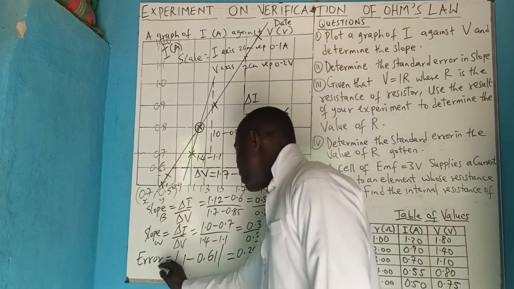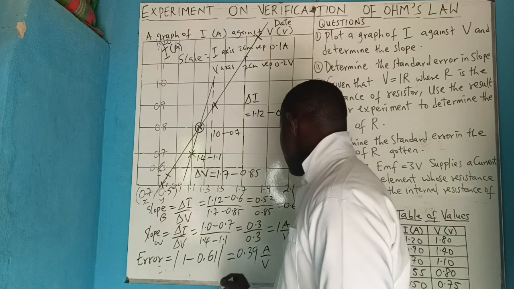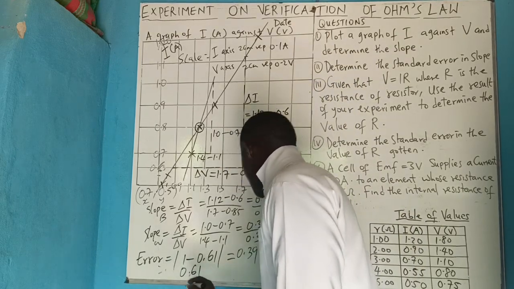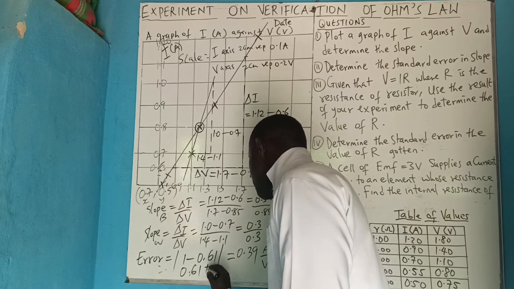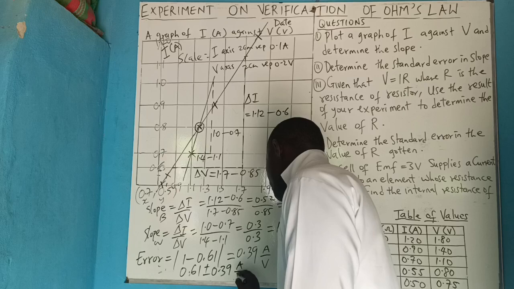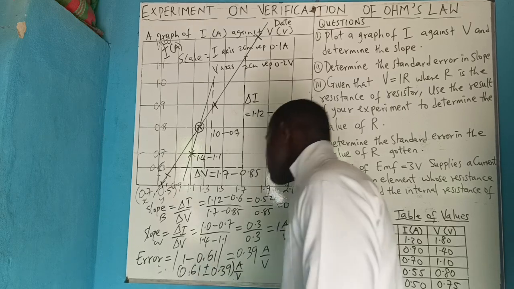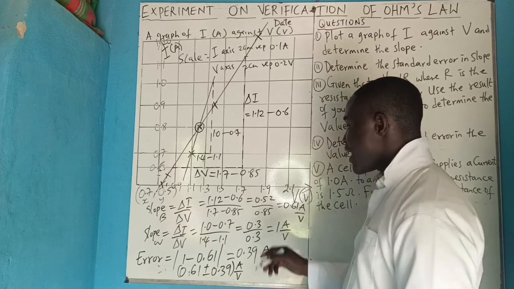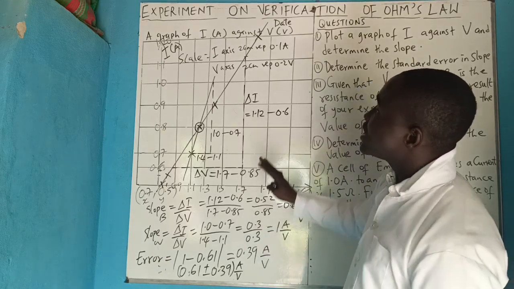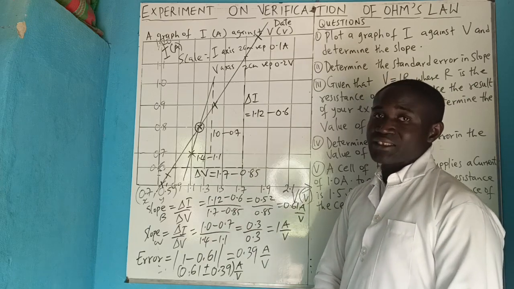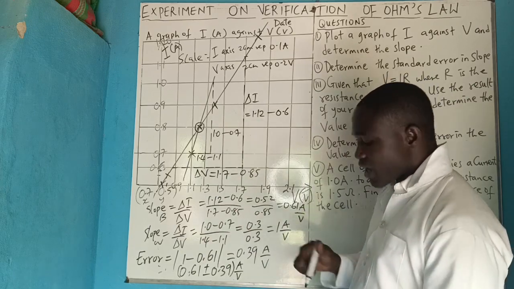Therefore, we package our slope as 0.61 plus or minus 0.39 ampere over voltage. Use a standard graph sheet to do the plotting and get your right answer. Okay, this is just a sketch of graph.